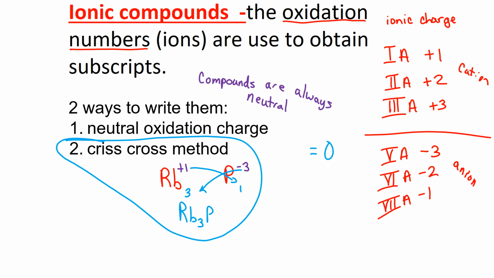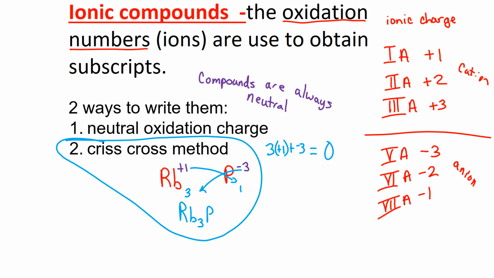If I know that my compound has to equal 0, and I have three positive ones plus one negative 3, what is 3 times positive 1 plus negative 3?